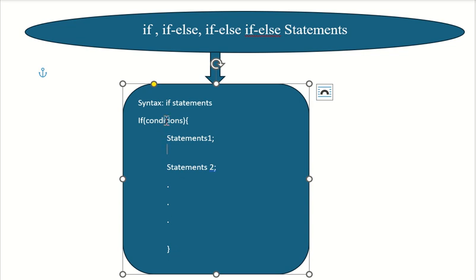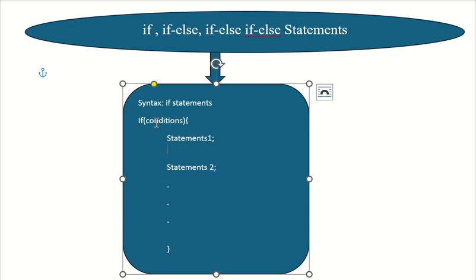For a certain condition, suppose if name is equal to XYZ, perform this operation. In the previous video we already compared: if number is equal to 2, then print console.log number 2; else if number is equal to 3, then print this. That is the basic use case of the if statement.